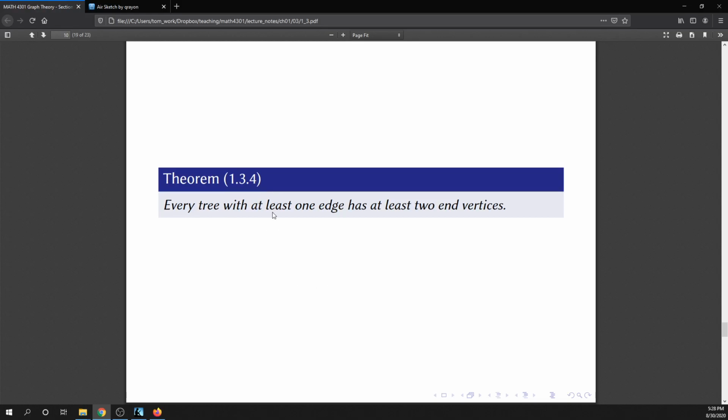If you have a tree with at least one edge and it has two end vertices, just take the longest path in there.